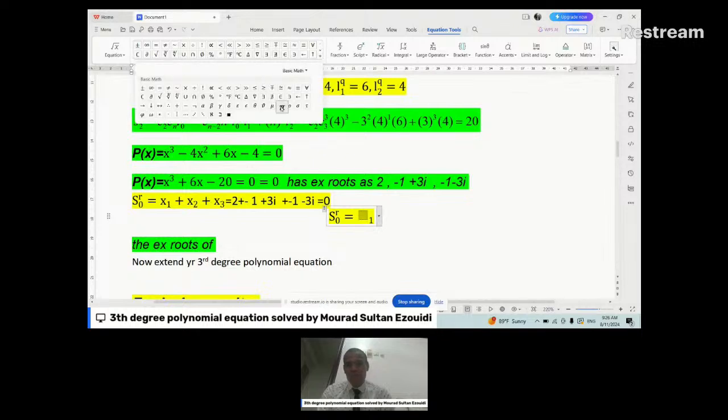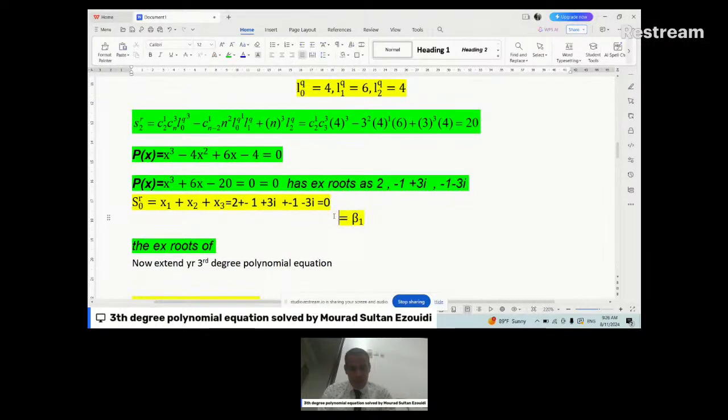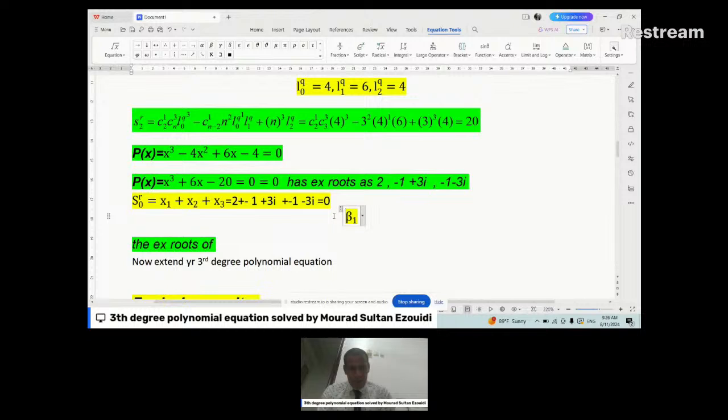Okay, I will make beta k equal to, there is a fraction here, equal with all the fraction, not exponential.